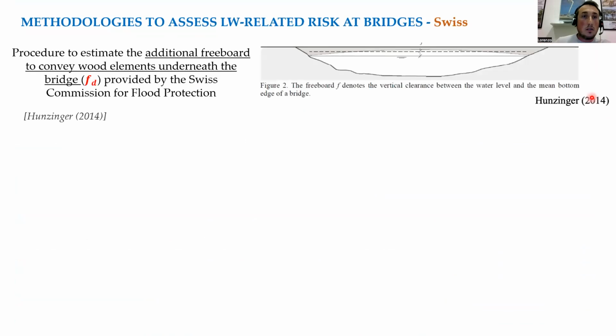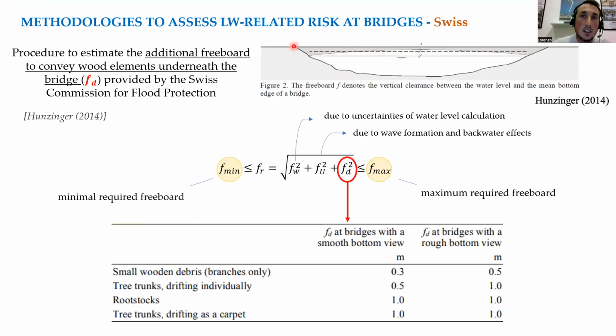For Swiss, there is something new with respect to what we observed for US and Italy, and this is that in the Swiss legislation, we can find the definition of the freeboard that needs to be considered in the case of transport of large wood.